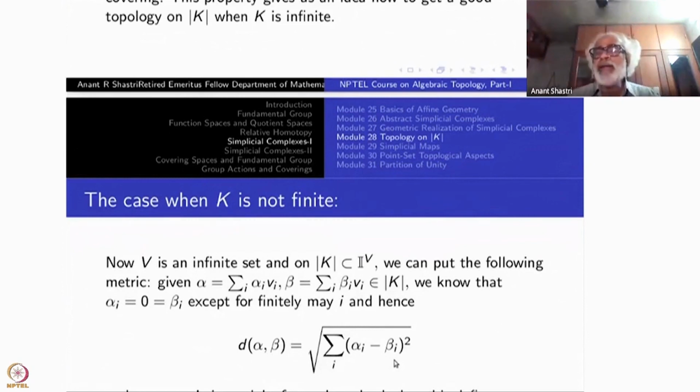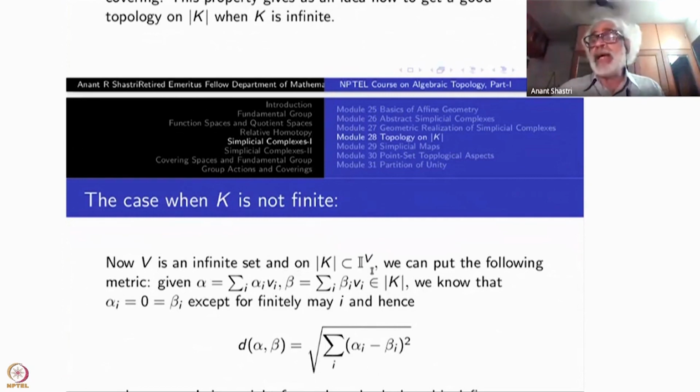Take the coordinate functions, take the differences, take the square of that, take the sum, and then take the square root. This makes sense because only for finitely many i's are these non-zero.